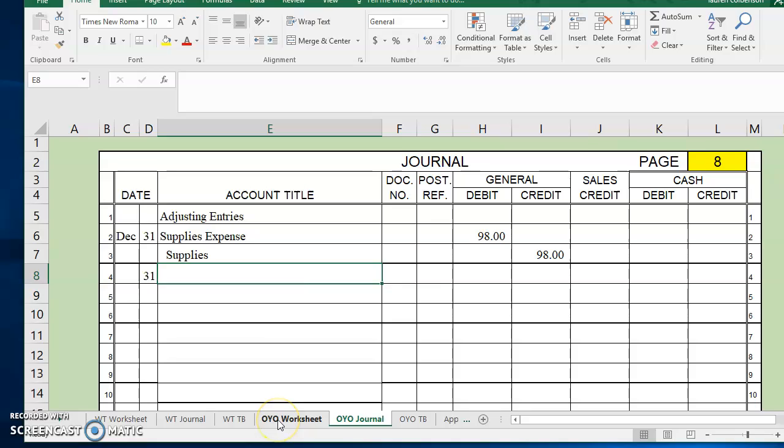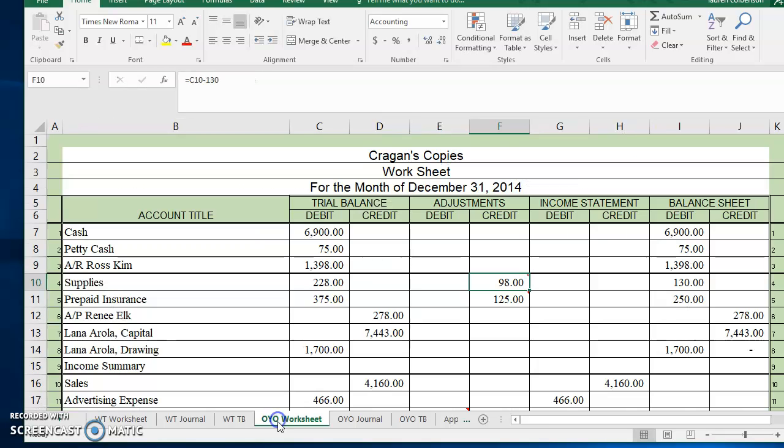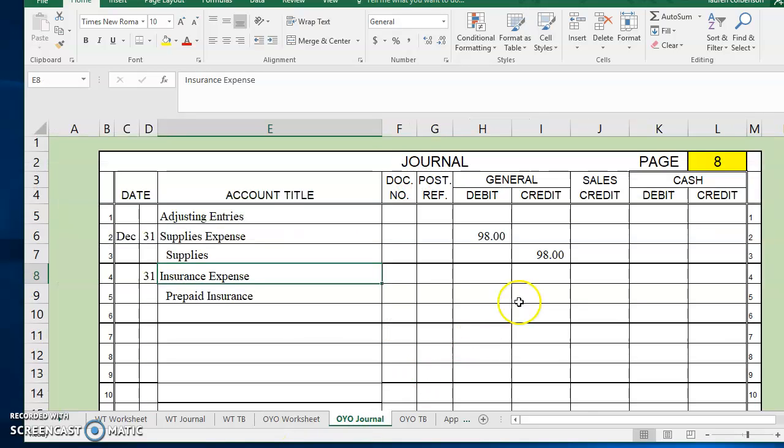Next adjusting entry is for prepaid insurance, because of course we bought our insurance at the beginning of the year, and as each month goes by we use up a little bit more of our insurance. So the value of our insurance will be decreased, and the amount of that is $125.